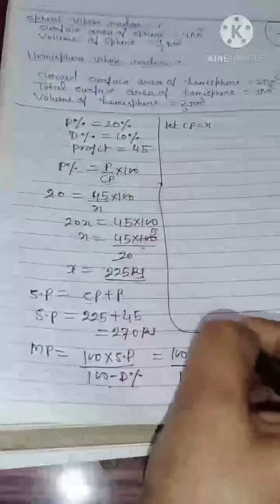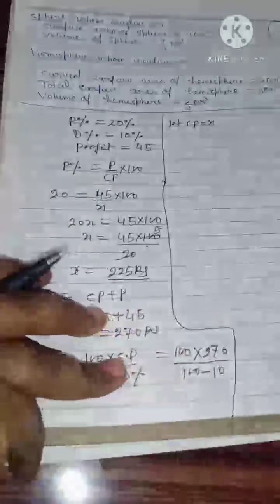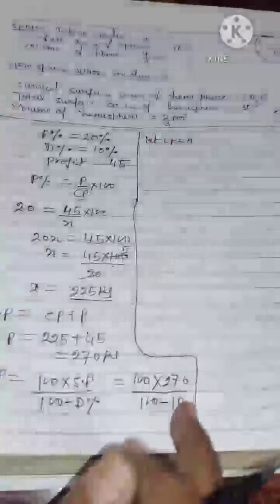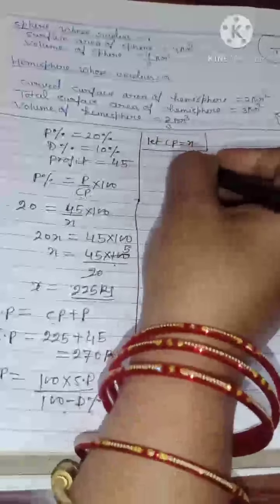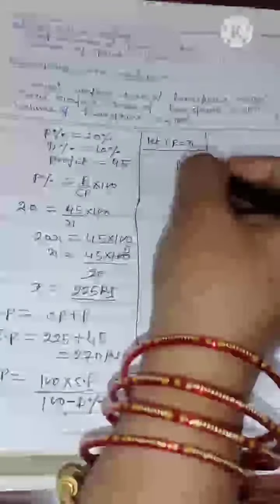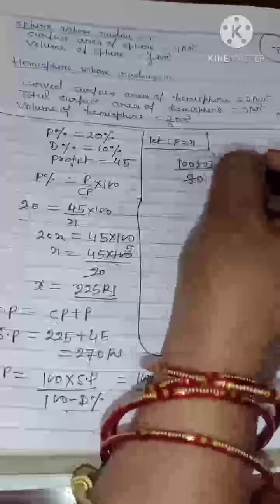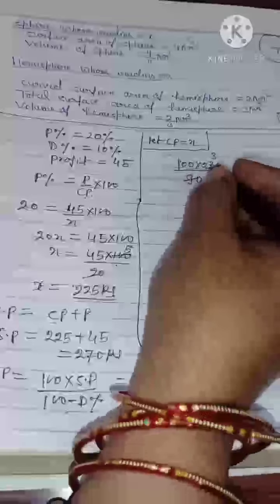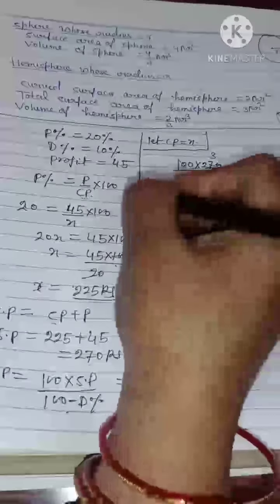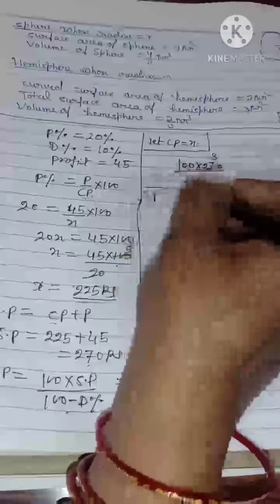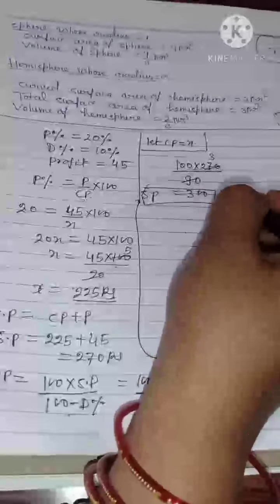So it will be, beta, see now, 100 into 270 upon 100 minus 10, means 90. So 9 3s are 27 and 10 3s are 30, so 300. So the marked price will be, beta, how much? 300. So in this way you will do the question.